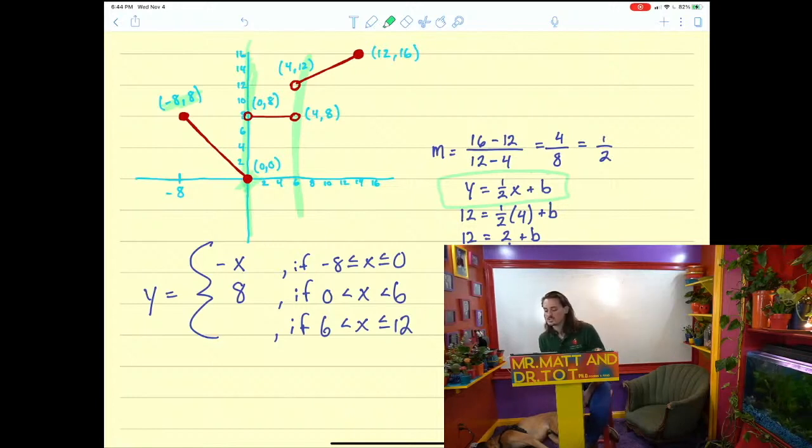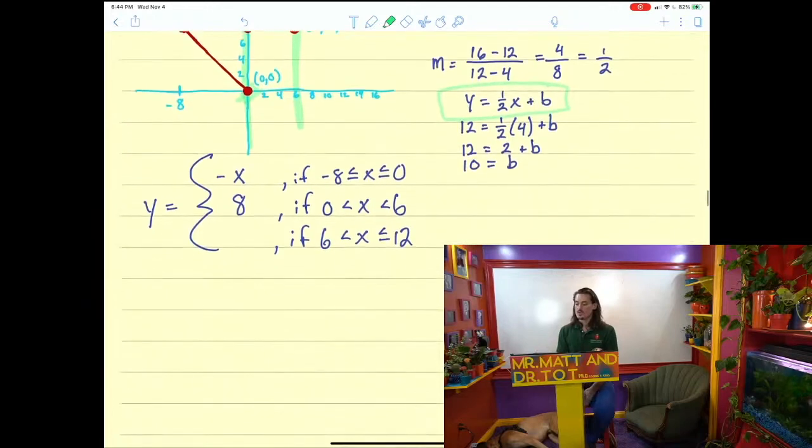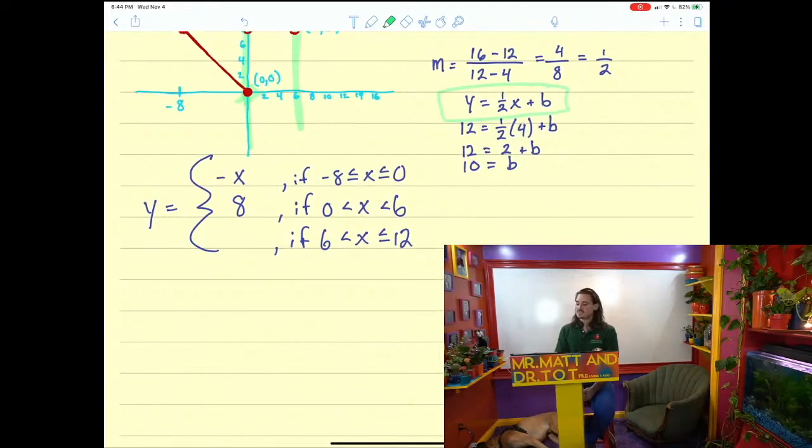And so I get 12 is equal to 1/2 times 4 plus b. 1/2 times 4 is 2, so we get 12 is equal to 2 plus b, and so b is equal to 10. So the actual equation here would be y is equal to 1/2 x plus 10 if 6 is less than x, which is less than or equal to positive 12.